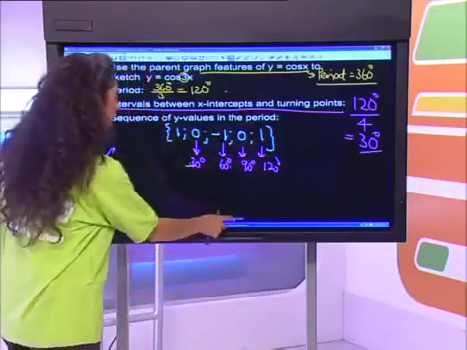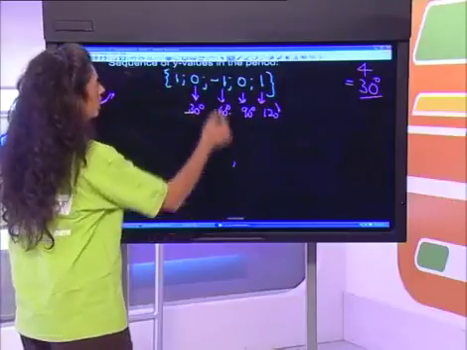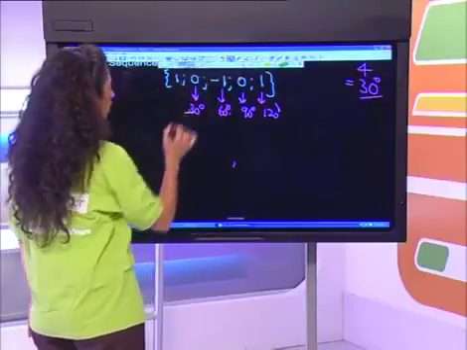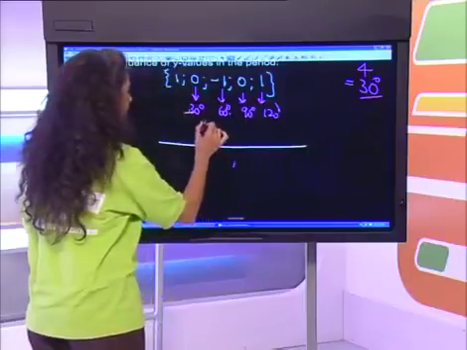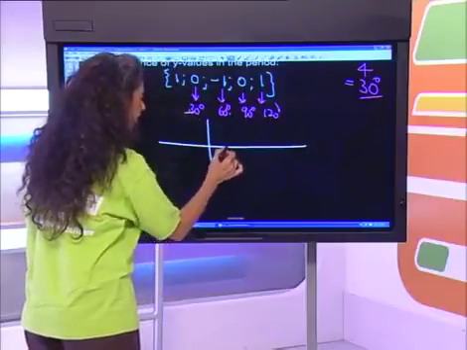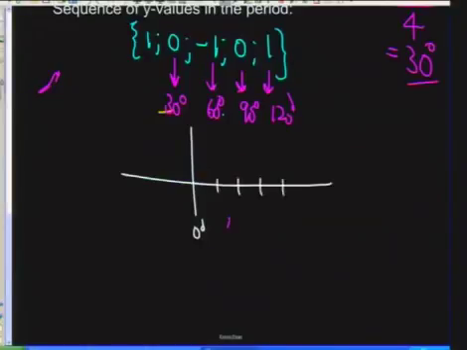And so what we would do is we now know that my graph will need 0 degrees, it will need 30, 60, 90, 120, and you keep doing that until you have reached the given domain, whatever that is.